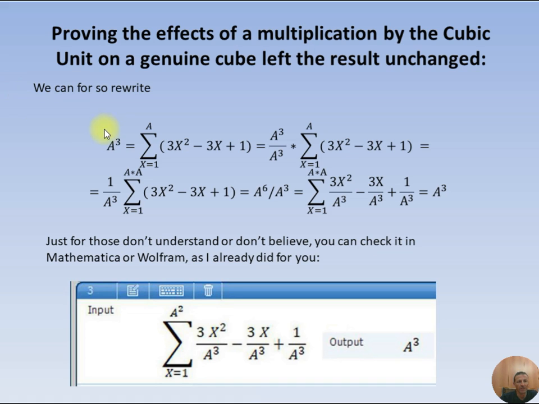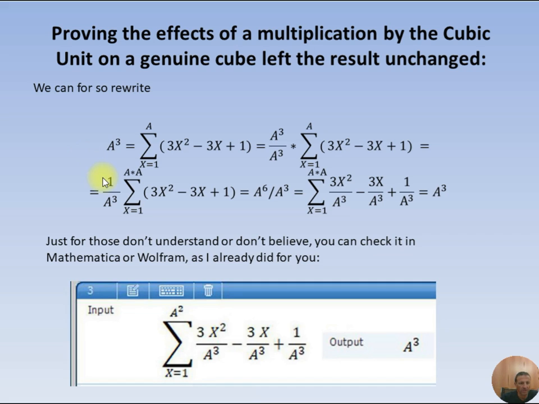So we can rewrite a cube as we have seen with our classic sum step 1, and then we multiply by what I called the cubic unit, a cube over a cube, of course by our sum. The result of this multiplication is of course the same, a cube, but now we perform this trick.